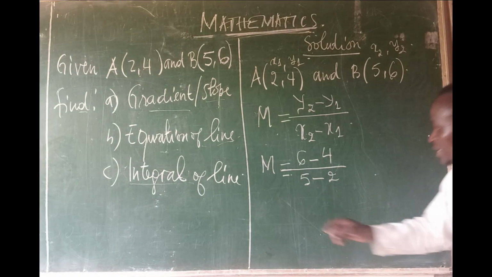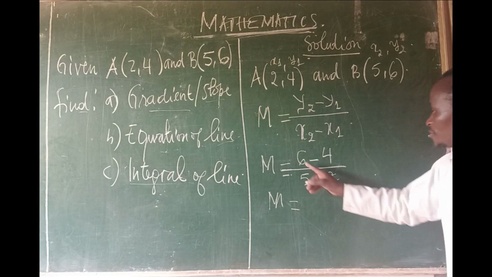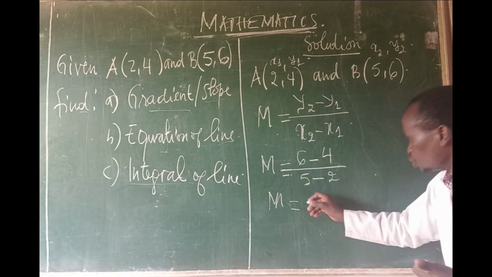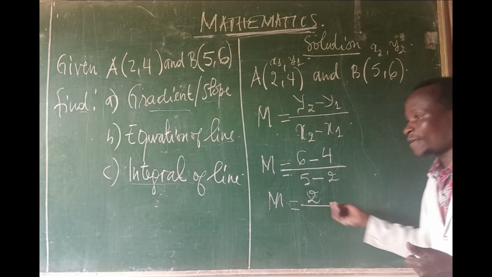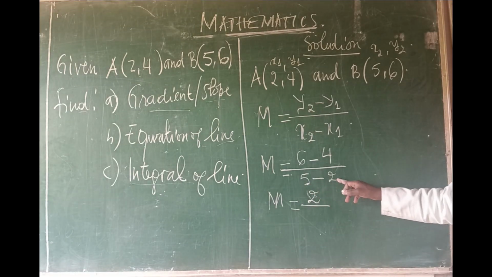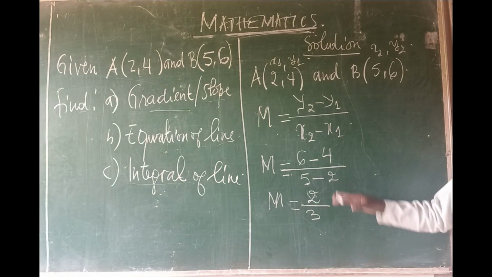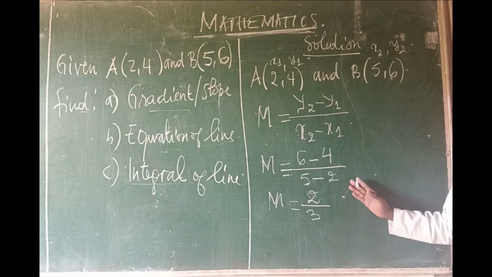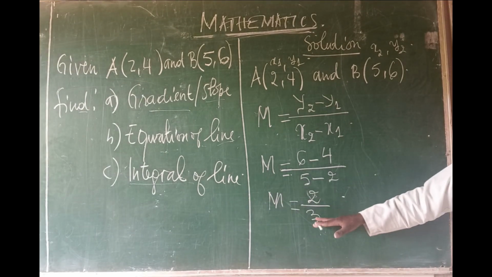Then finally our gradient will be 6 minus 4 remaining with 2, over 5 minus 2 remaining with 3. So the gradient is 2 over 3.